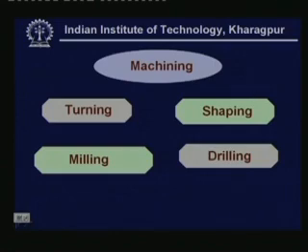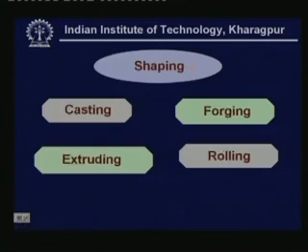That means by pressing the material either hot or cold you can get some shapes of the machine elements. So, machine elements are made in a rapid way by say casting, forging, extruding is a very good example of how you make pipes etc. Rolling, you know, sheet metals are being rolled. So, these are the shaping procedures.